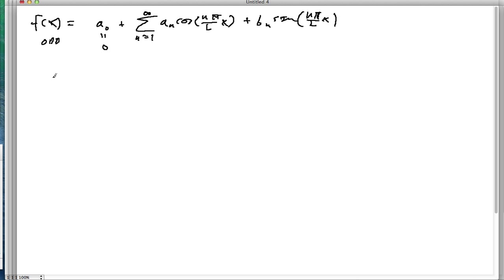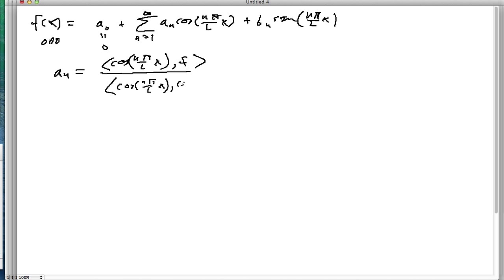Now we wanted to compute the a_n terms, and that's going to be the inner product of cosine n pi over L x against f itself, which is an odd function, divided by the inner product of cosine n pi over L x with itself.